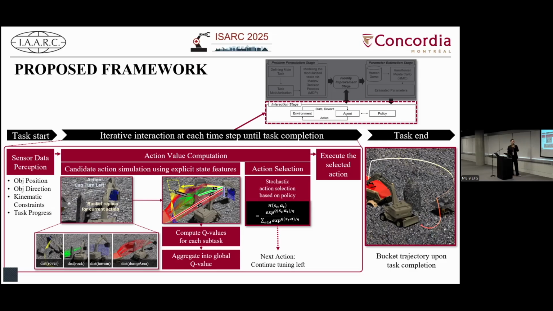By using those distances, the agent can compute a Q value for each subtask, which can be aggregated into a single global Q value.